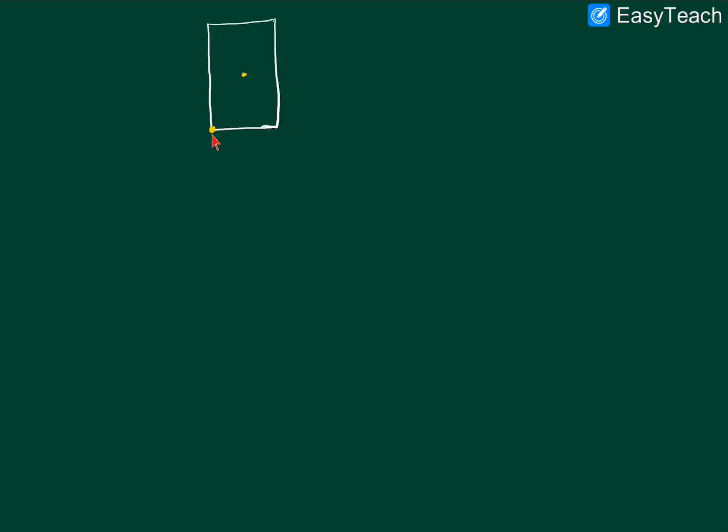Okay, so if this width is W, and let me use this as the breadth. I'll call this B instead of W. I'll call this the breadth, and this as the height. H denotes the height.